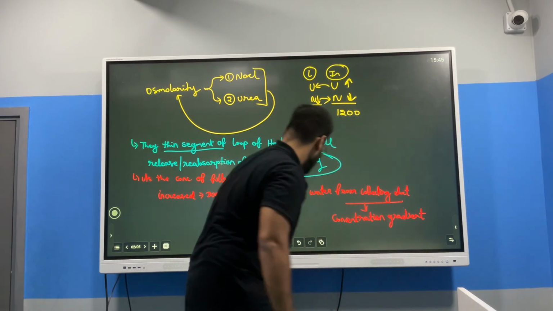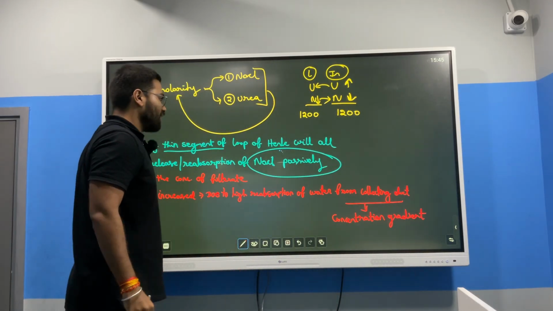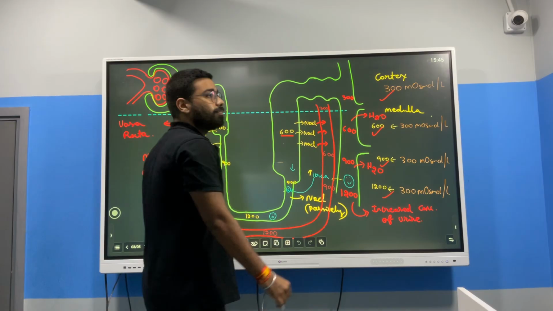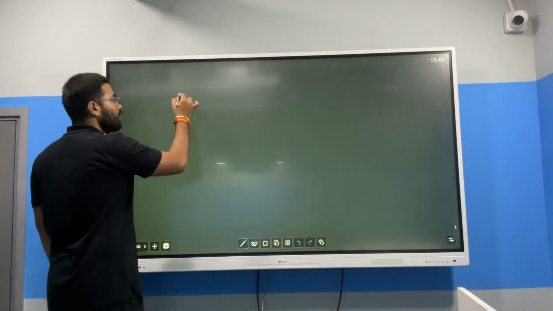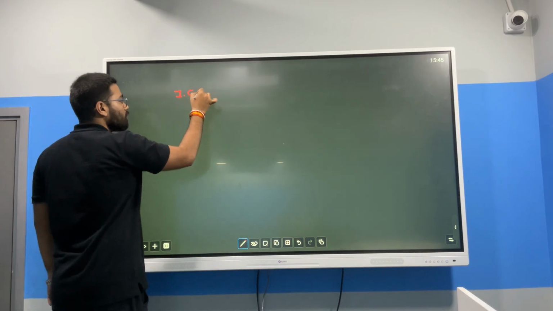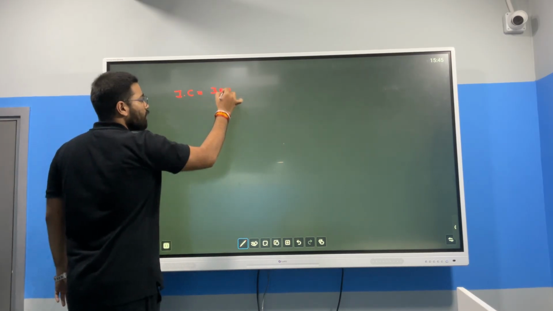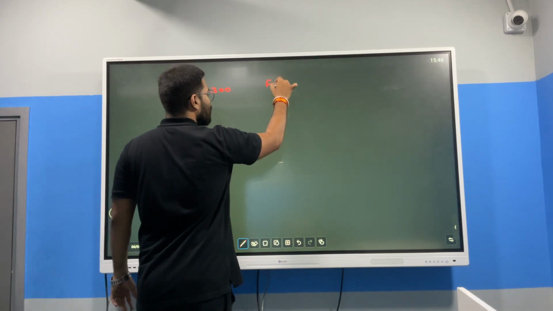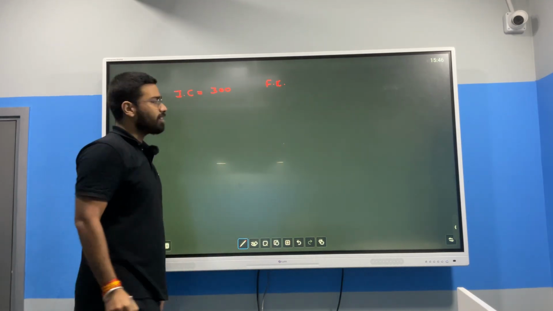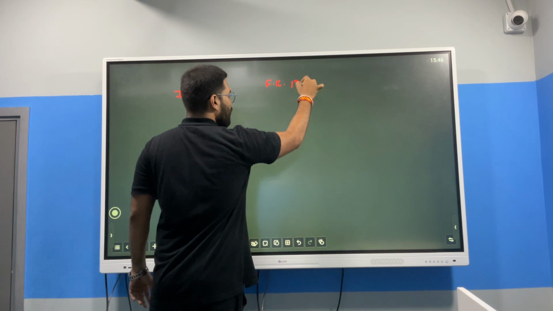Okay, so initially when the filtrate was, how much concentrated? 300. So the initial concentration is 300, and the final concentration after this counter current mechanism is 1200, right?